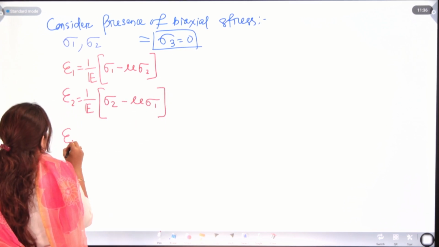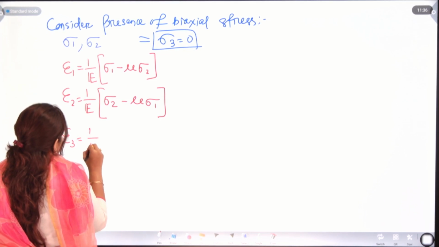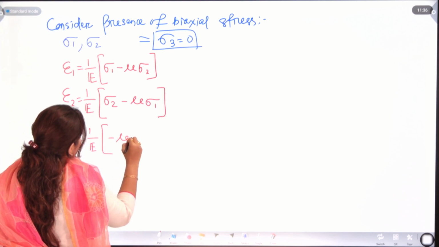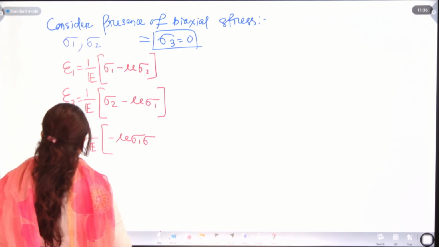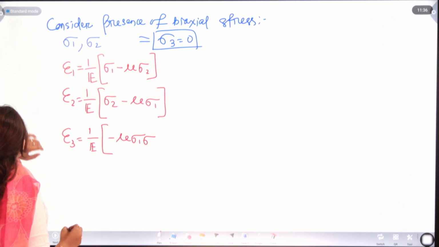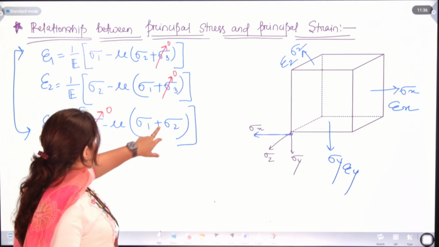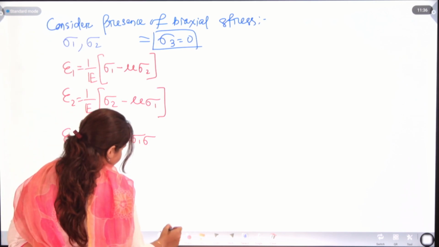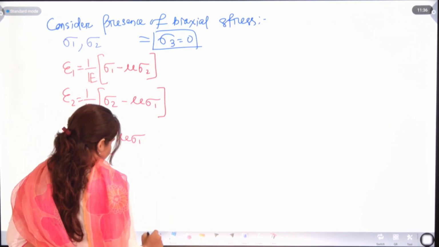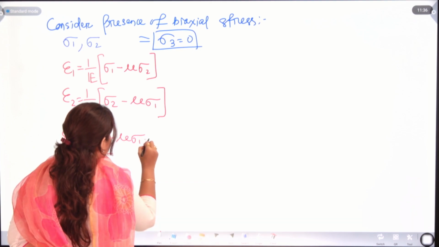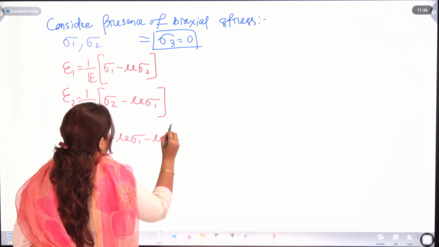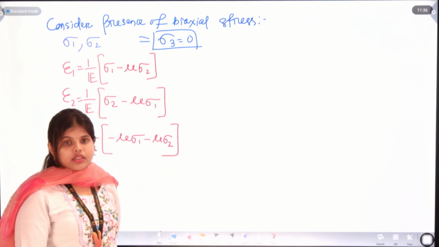And epsilon 3 will be 1 by E into minus mu into sigma 1 plus sigma 2, right?